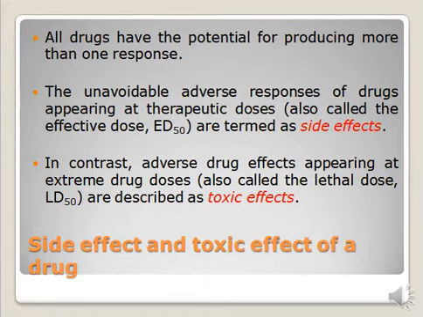For example, your doctor, your physician recommends that you have to take this medicine 3 times a day, right? So the dose which is being recommended, which is the effective dose, will help you to overcome the disease. So this therapeutic dose is known as the effective dose, and the effective dose is known as ED50.